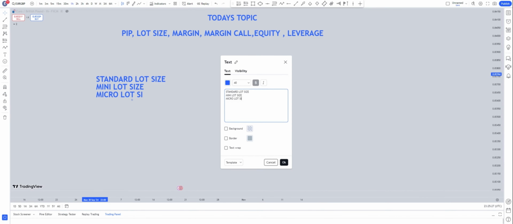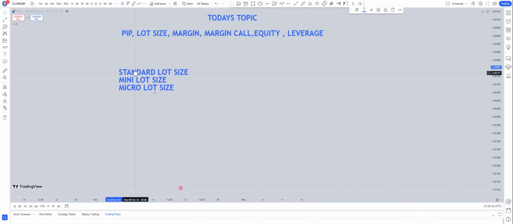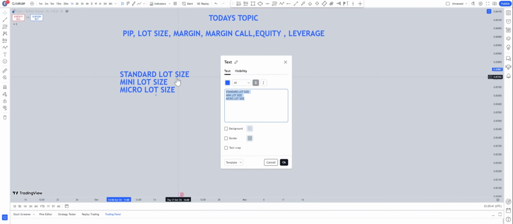So these are the three lot sizes in the forex market.